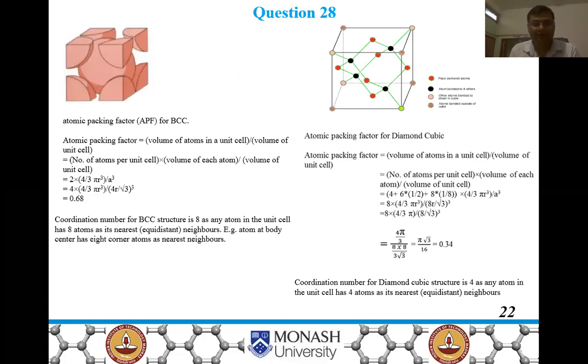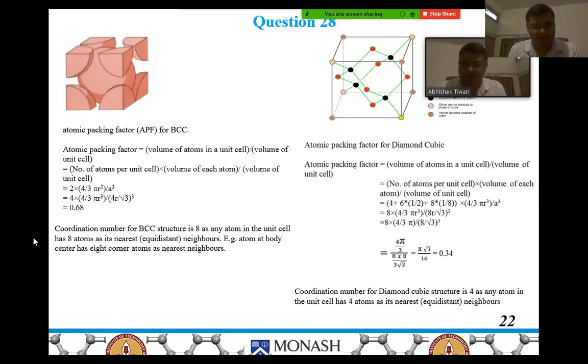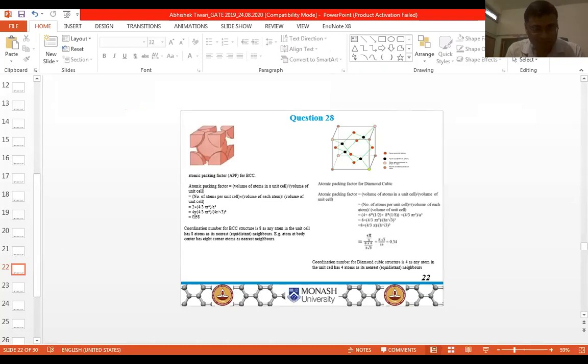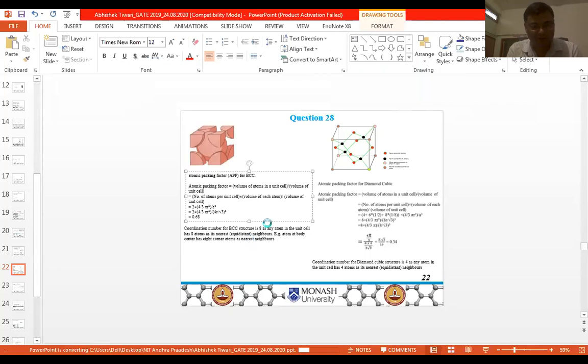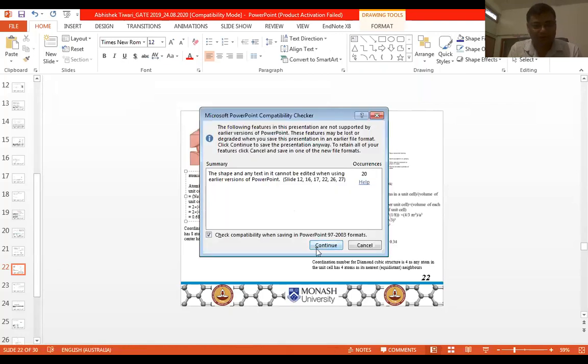So 2 into 4 by 3 pi r cube divided by a cube. So 4r will be equal to a root 3.